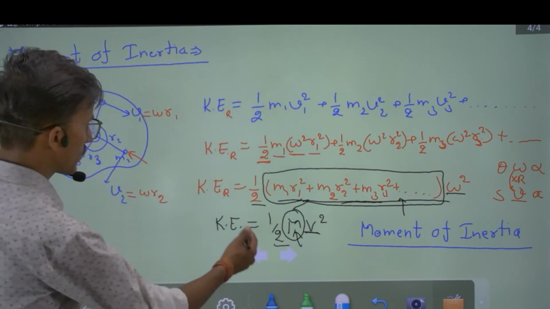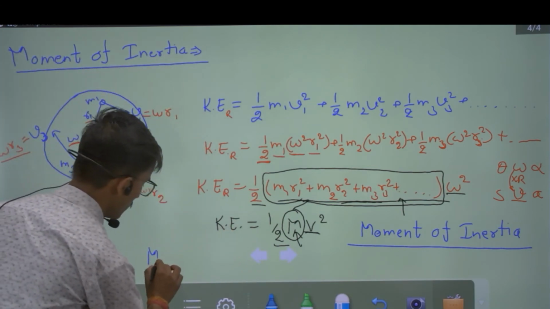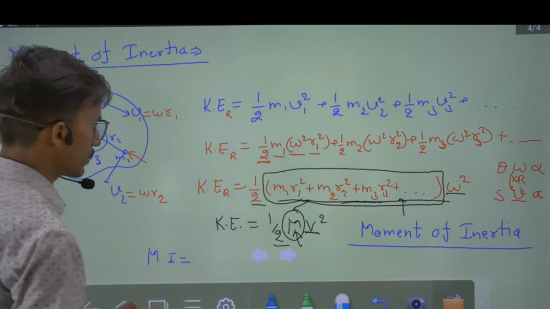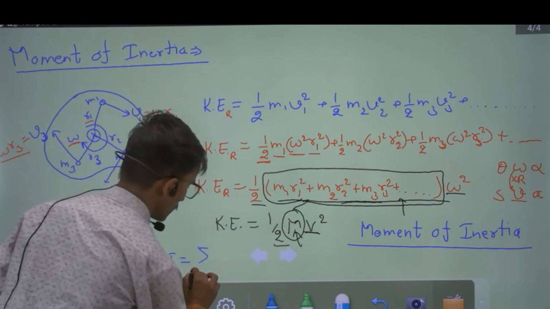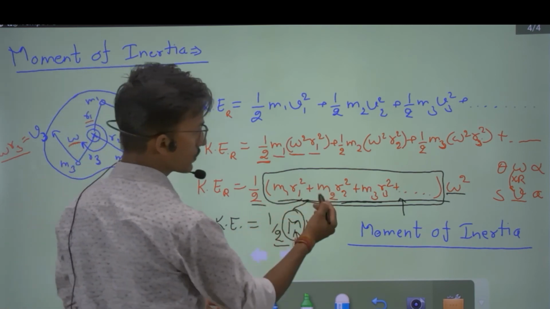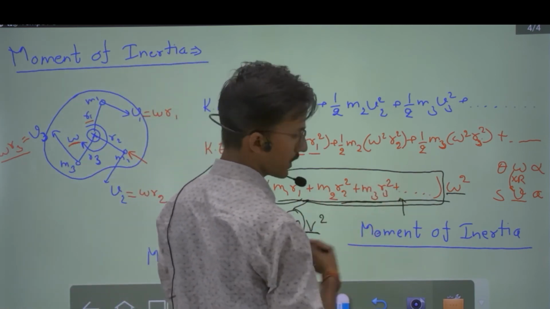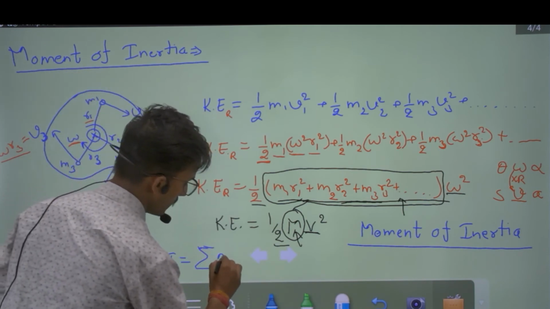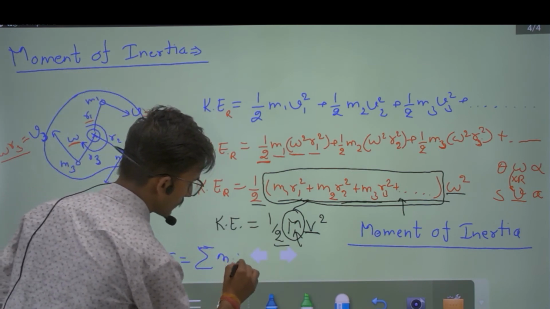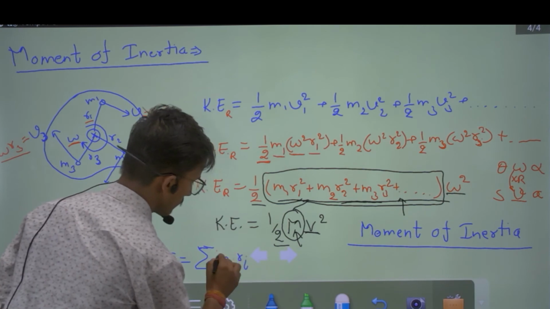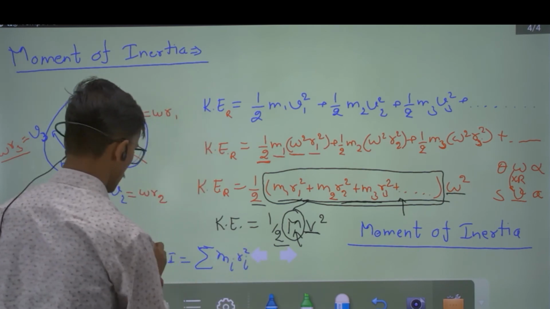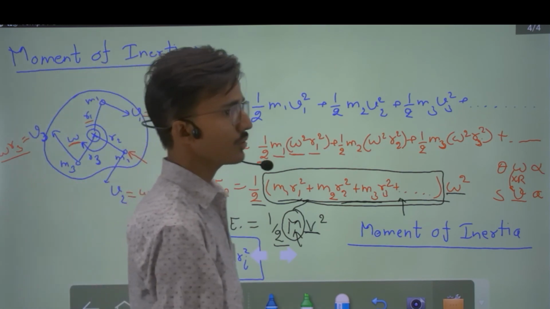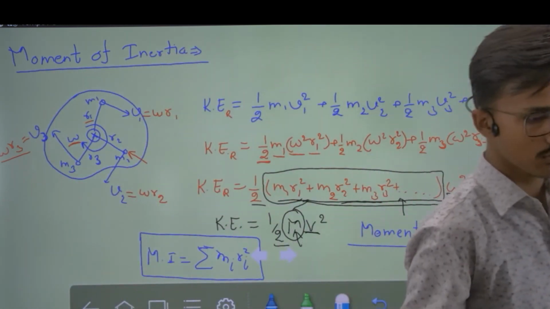So for any body, the moment of inertia will be equal to m1 r1 square plus m2 r2 square plus m3 r3 square and so on. So I can say it is the summation of m_i r_i whole square. This is the moment of inertia of any rotating body. Okay, so write down.